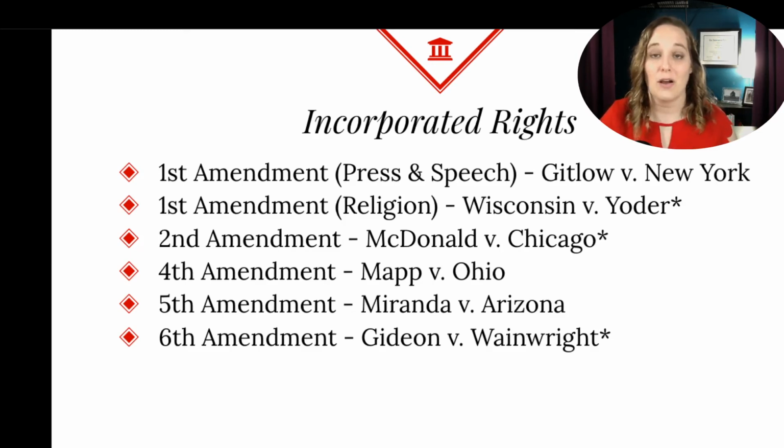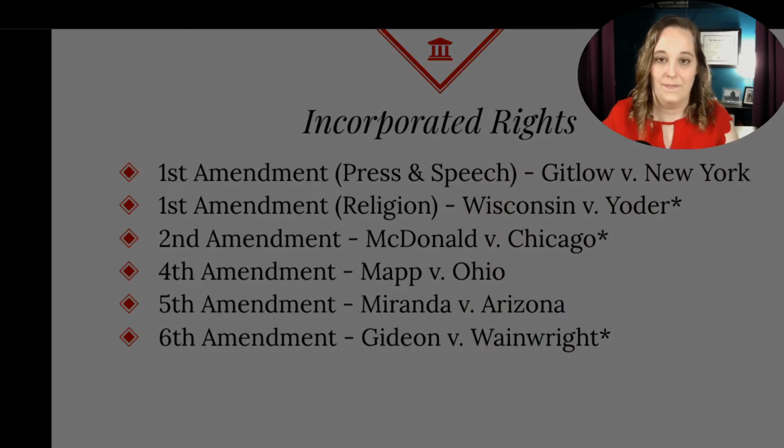This includes Wisconsin versus Yoder, which we've already discussed, helped to incorporate freedom of religion to the states. We're going to talk about Gideon versus Wainwright, which helped to incorporate part of the 6th Amendment to the states. And right now we're going to talk about McDonald versus Chicago, which helped to incorporate the 2nd Amendment to the states.